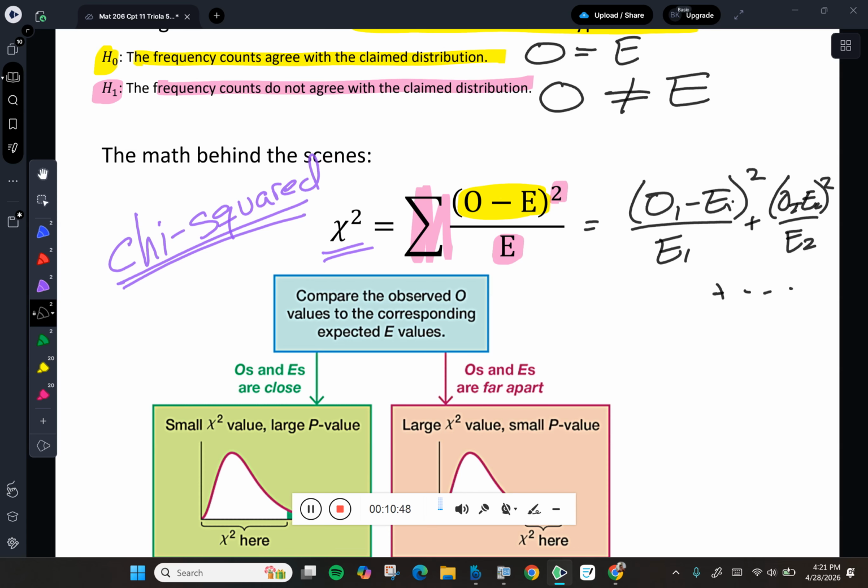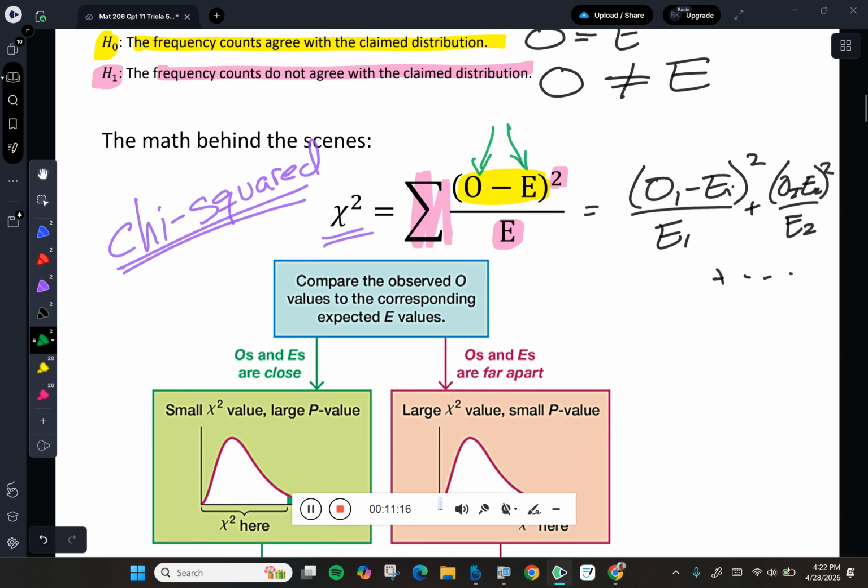We're going to add all those up, and what ends up happening is, if these two things at every stage are close together, if the observed is close to the expected, that yellow highlight there in the parentheses is going to be a really small number. And then the sum of this will be a really small number. Right? If those two things are far apart, then that numerator is going to be a big number.